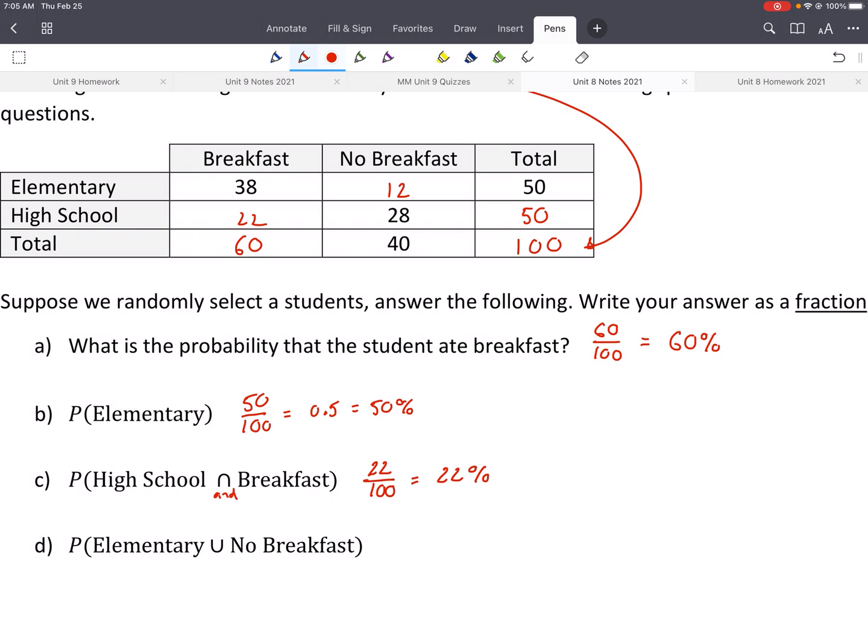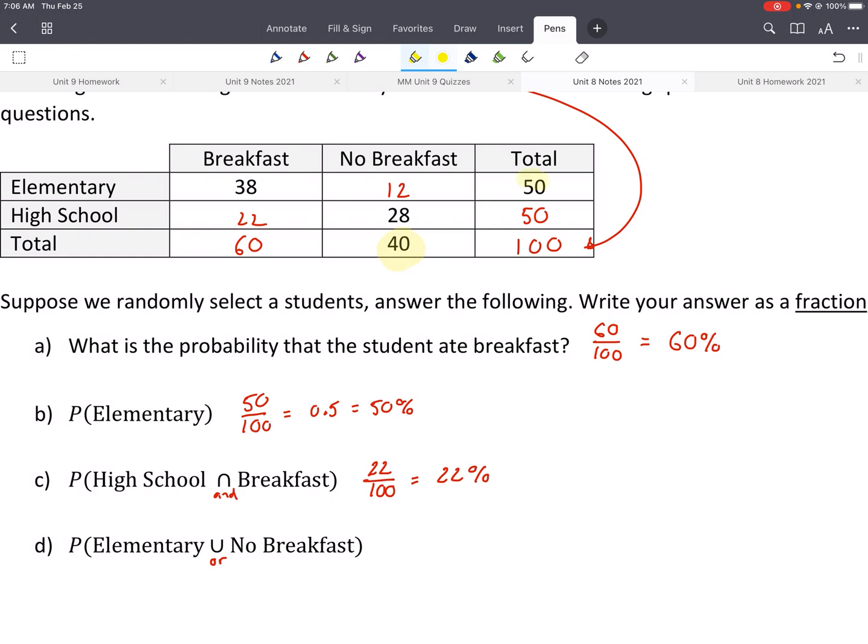Okay, what's the probability of randomly selecting an elementary student or no breakfast? So we're going to take all of the elementary students and all of the no breakfasts, and that's what we're looking for, okay? So here we have all of the no breakfasts.